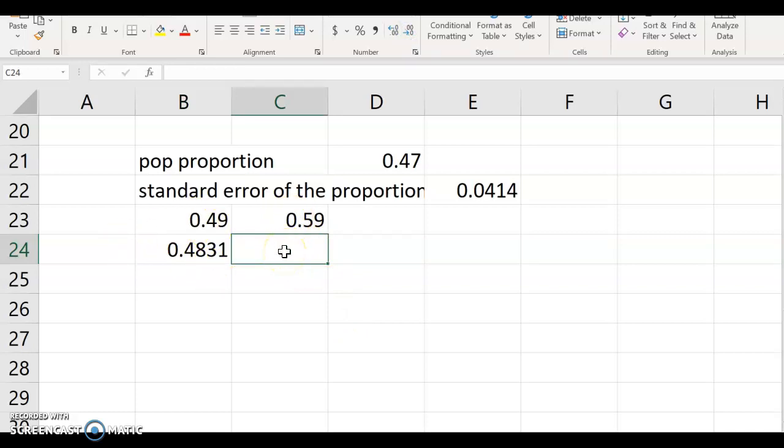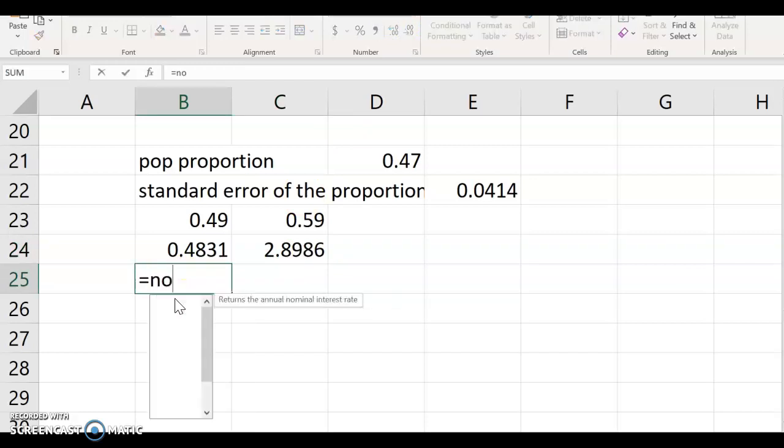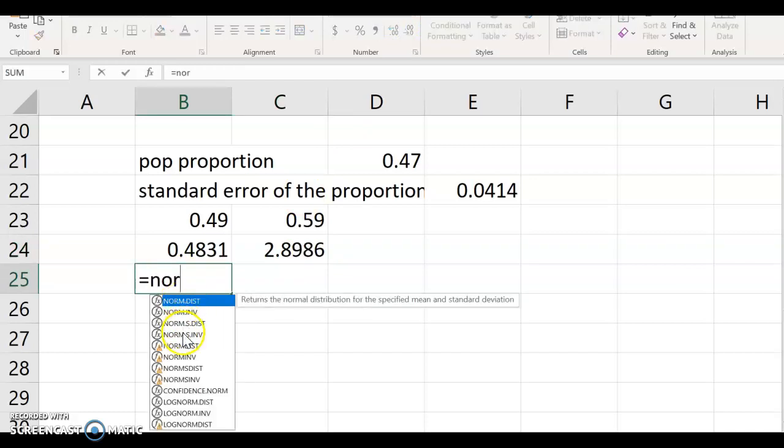Now let's get our z-score for the second one. You're going to do 0.59 minus 0.47 divided by 0.0414. Okay, and let's round that. Alright, now we're going to get our probability for each of these z-scores.